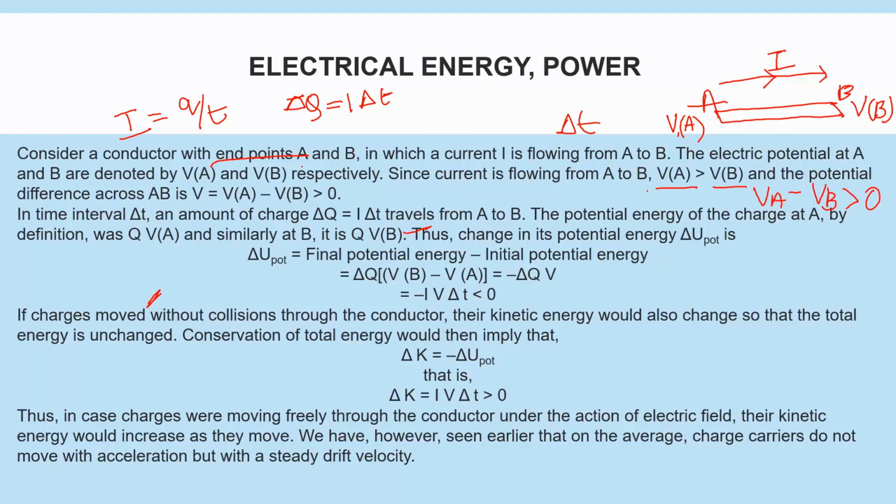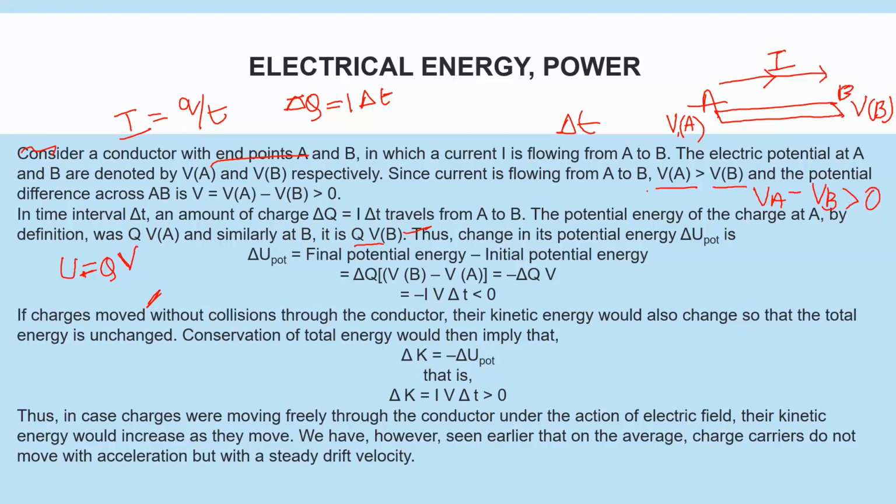We had already seen this in the last class: U is the product of the charge and the potential at the point. And so you will have UA, the potential energy at A, as QVA, and the potential energy at B you are going to denote as QVB.